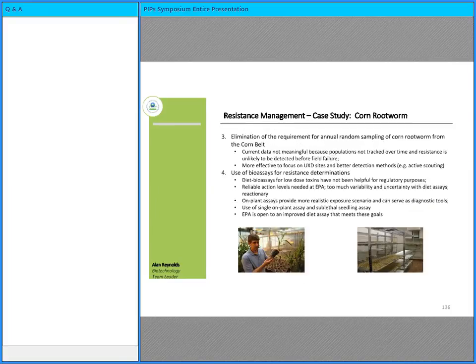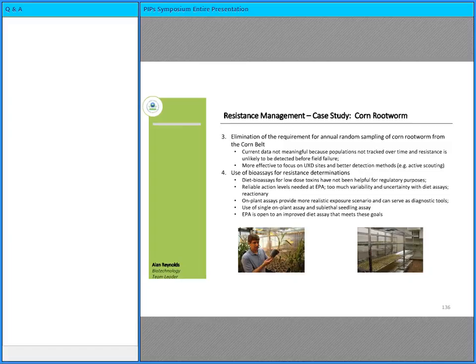Okay, I'm going to turn to the third aspect. We eliminated the annual random sampling, and this was largely because the types of data we were getting were not very meaningful, because the same populations were not being tracked over time. And it's extremely unlikely that we'll actually be able to detect shifts in susceptibility before we'll see actual field failure. And this really gets to the non-high dose expression of these PIP traits.